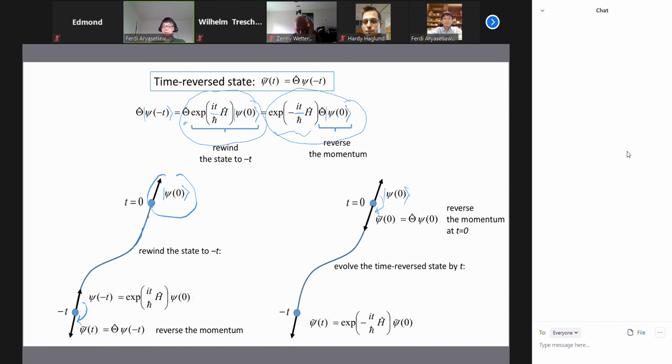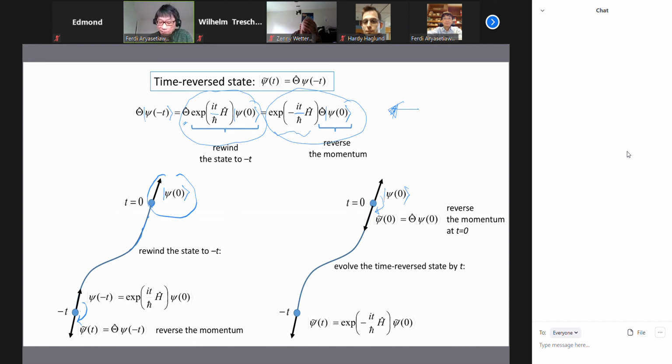But because we reversed it, it becomes minus t. So we end up with exactly the same state, as it should be. So what we've been doing is a kind of opposite to what is done in the book. The book, I think, starts from this equation here. It starts from the assumption that these two processes are equivalent, and from there it works out the properties of the time reversal.